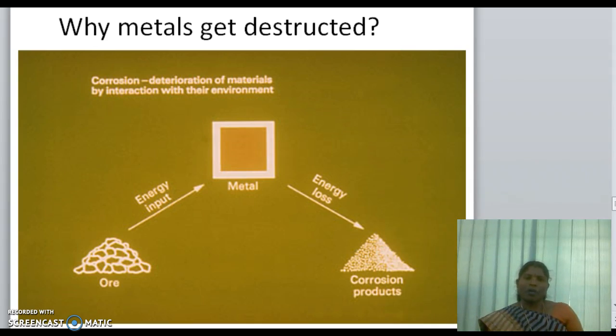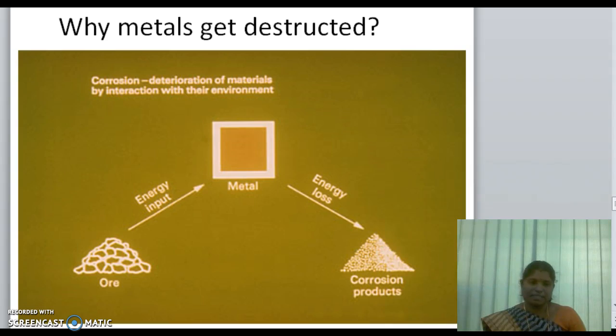Why does the metal surface get destroyed? Why does the decay of metal take place when it is exposed to the environment? The reason is that every equipment, material or component is made up of a pure metal. But this pure metal does not exist in the earth crust in the pure form.